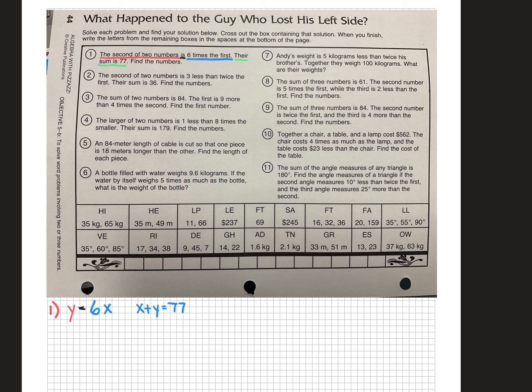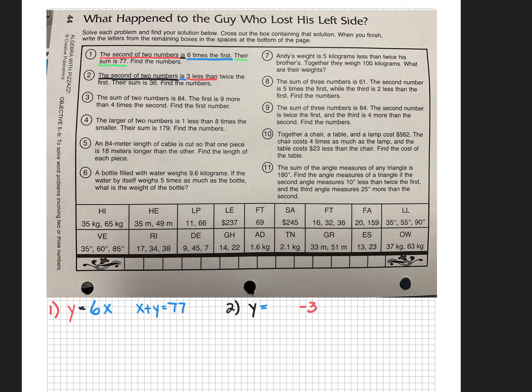All right. Number 2 should be really easy. We did it in class. The second of two numbers, we'll call that y, means equals 3 less than, oops, I didn't mean to go that far, but 3 less than means we're going to subtract 3 from something.